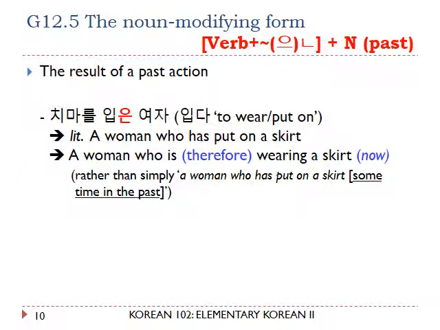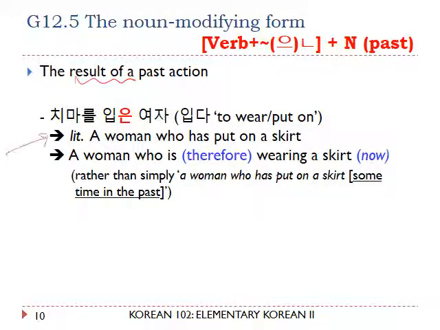When the verbs for to wear, to put on, occur with the past noun modifying suffix 은, they indicate the result of a past action. In other words, the action described by the verb with the past noun modifying suffix 은 or 니은 generally has relevance to a present state of affairs.